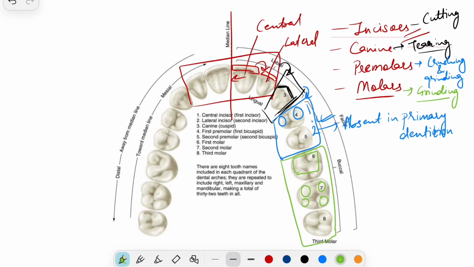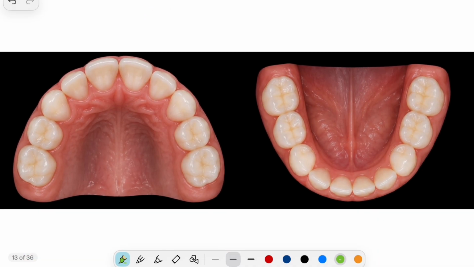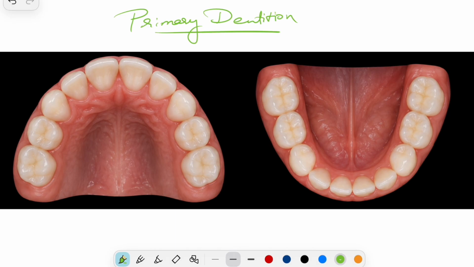Okay, now about the dentition. We have two types of dentition. We have primary dentition, which you can see here. Now, can you tell me why I am calling this primary dentition and not permanent dentition? I just told you that something is missing in the primary dentition, right?